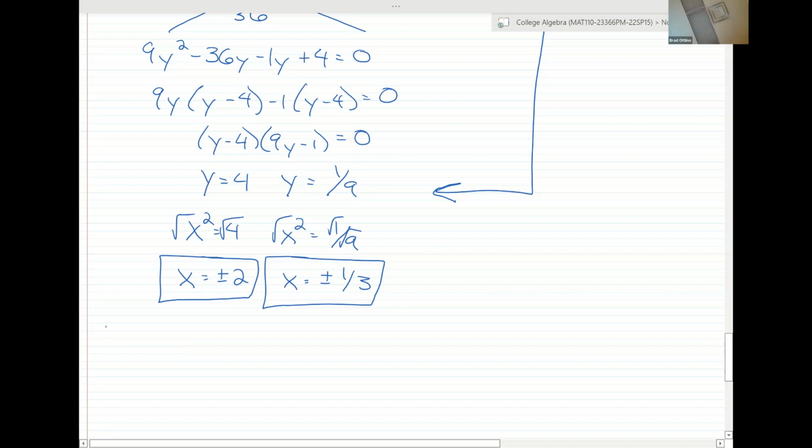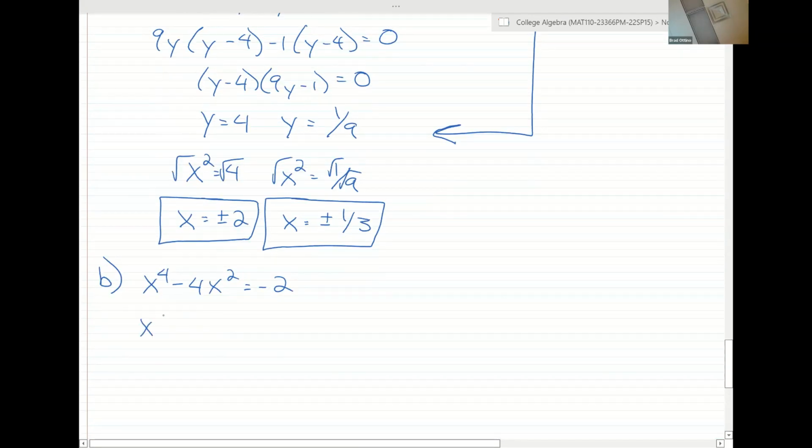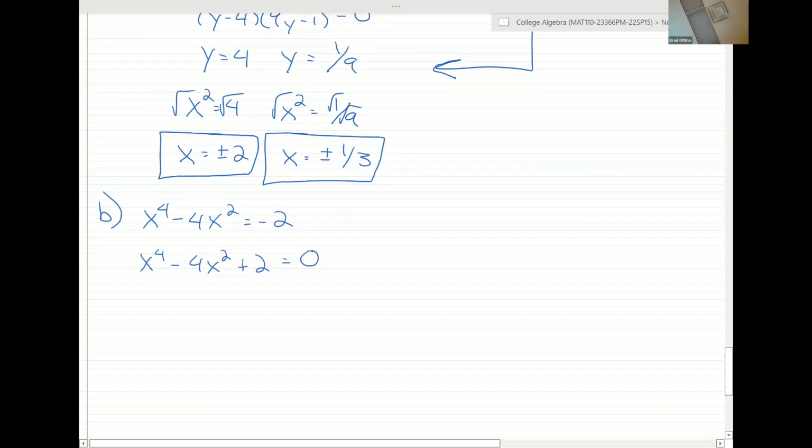Or if we had a problem like this, x to the 4th minus 4x squared is equal to negative 2. So bring the 2 over. Make the substitution we talked about, y is equal to x squared.